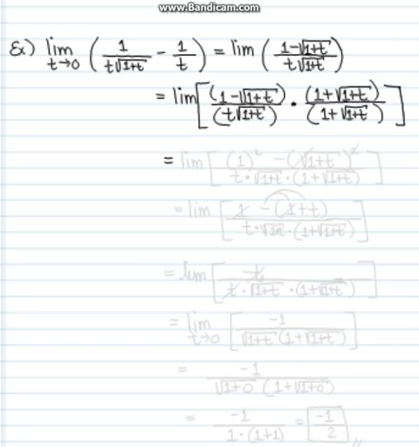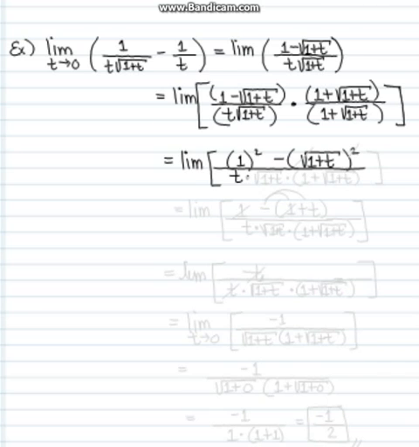We can use the formula for multiplying conjugates: a plus b times a minus b gives you the first guy squared minus the second guy squared. Right, that's a minus b times a plus b equals a squared minus b squared. And on the bottom, we'll just bring the bottom along.